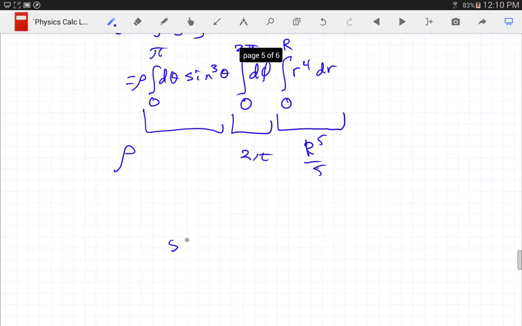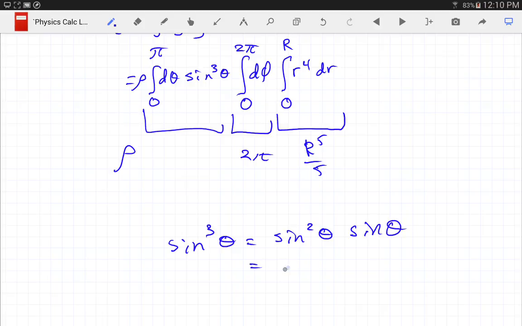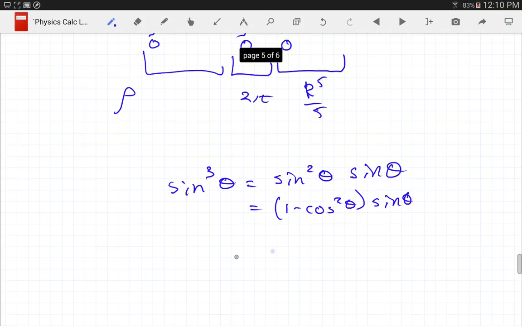You say sine cubed theta is equal to, obviously, sine squared theta times sine theta. But sine squared theta is equal to 1 minus cosine squared theta. And then you say, let u equal cosine theta. So du is equal to minus sine theta d theta.